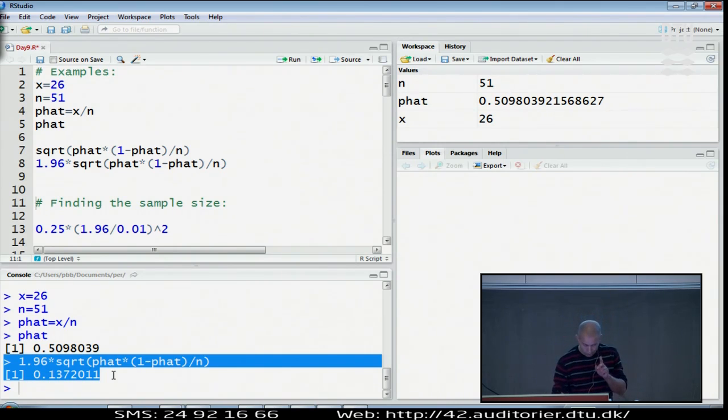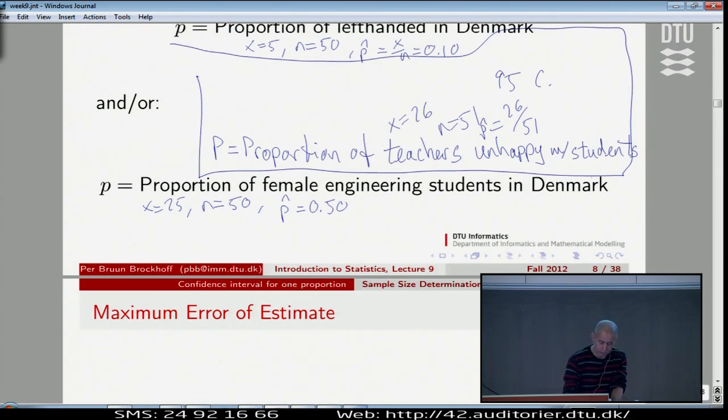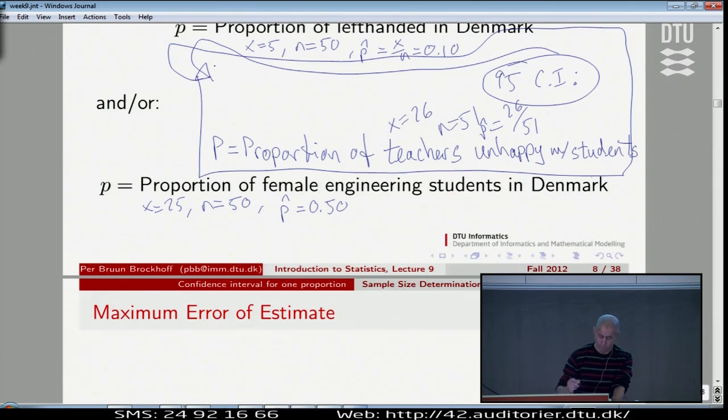So the 95% confidence interval for these numbers would be 0.51 plus minus 14%.